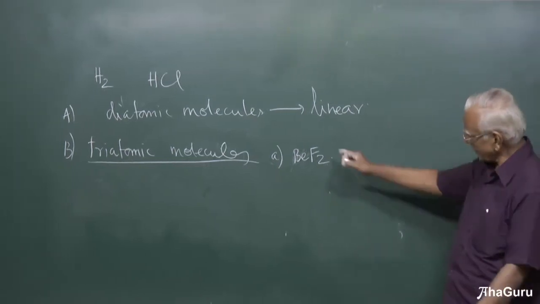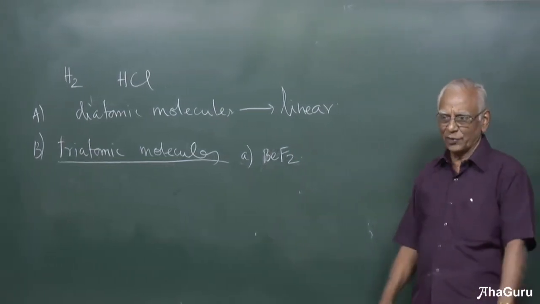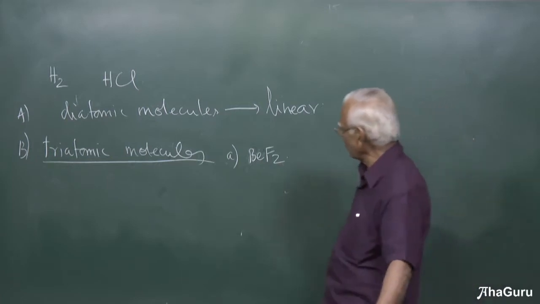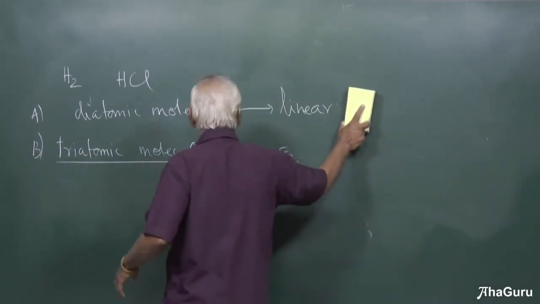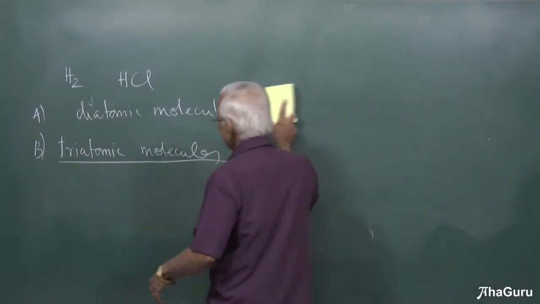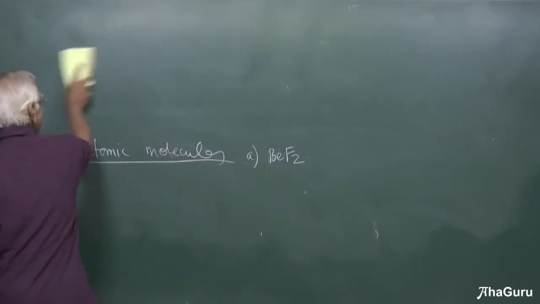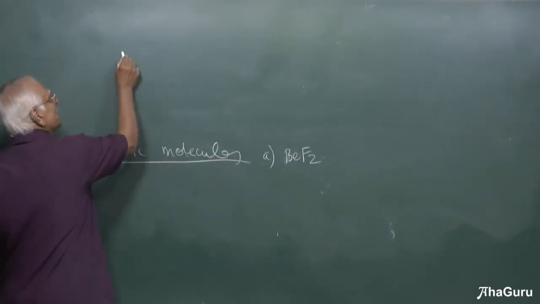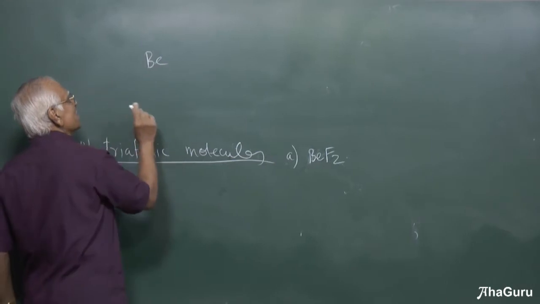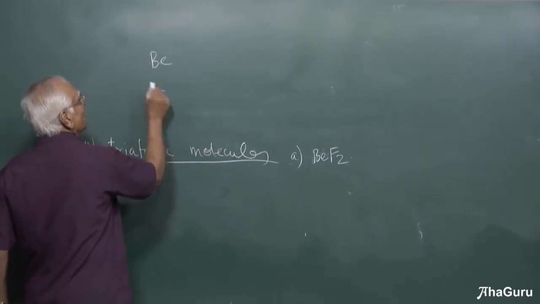How many atoms? 3 atoms are there. Triatomic molecule. Now, whether you have the lone pair or the bond pair, let us see. Beryllium difluoride. I must immediately draw the structure of beryllium and the fluorine here.